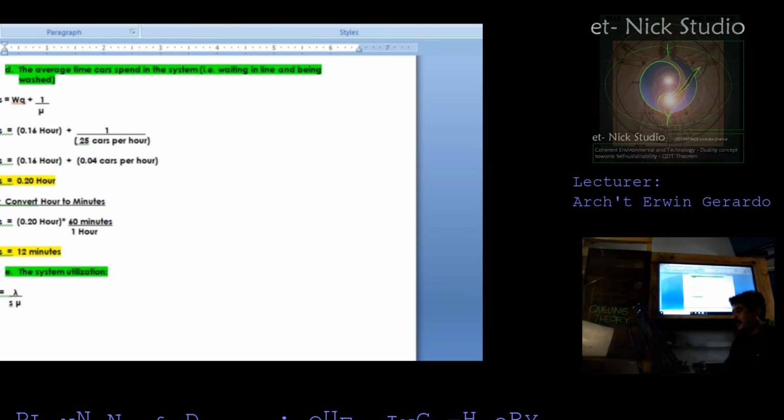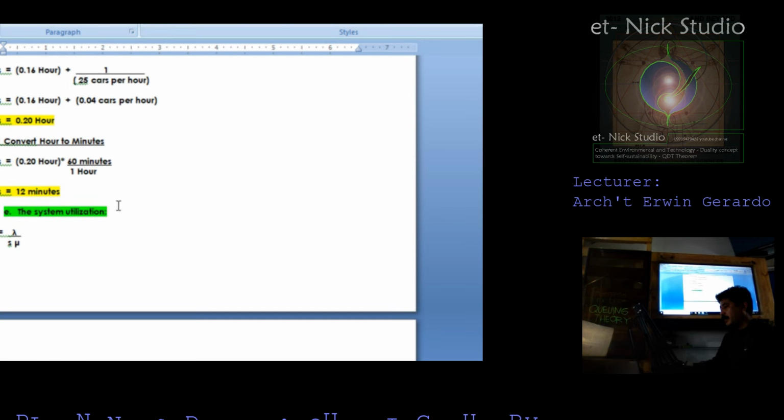So we need to convert hours to minutes once again. 0.20 hour times 60 minutes divided by 1 hour. So therefore, WS is 12 minutes. It means that the average time cars spent in the system waiting in line and being washed is 12 minutes.